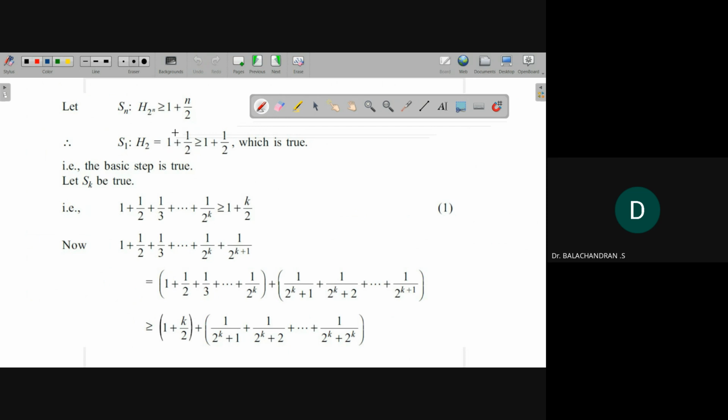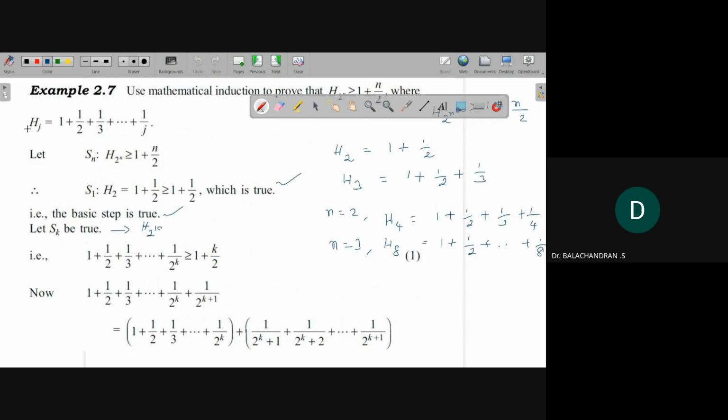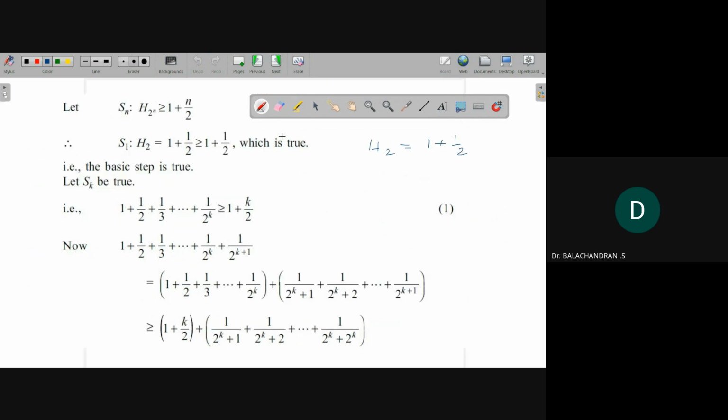By the definition, H2 means 1 plus 1 by 2. The right hand side is 1 plus 1 by 2. So both of them are equal.